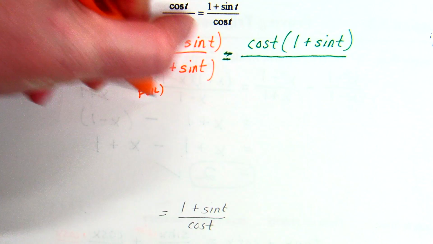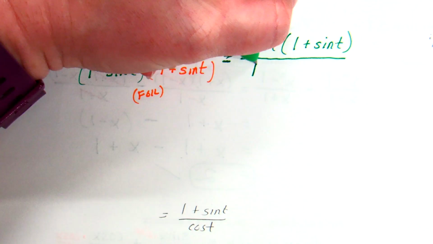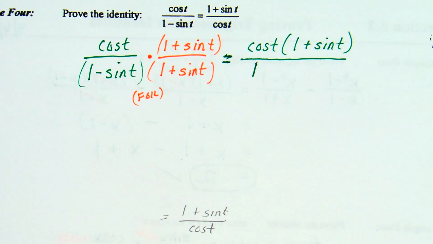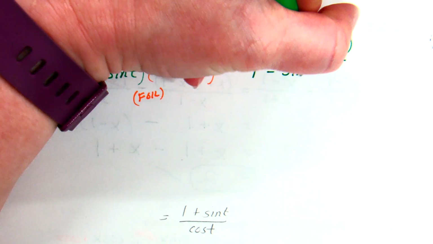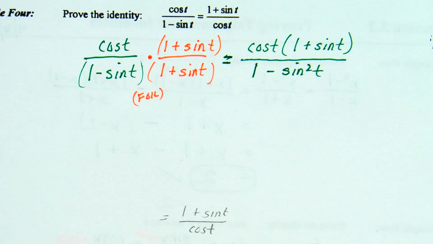Is there a reason I did that? Yeah. If cosine squared is equal to 1 minus sine squared, I can replace it. So I still have cosine t times 1 plus sine t on top. In the denominator, 1 minus sine squared is going to be replaced with cosine squared.